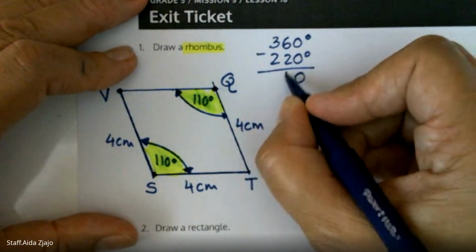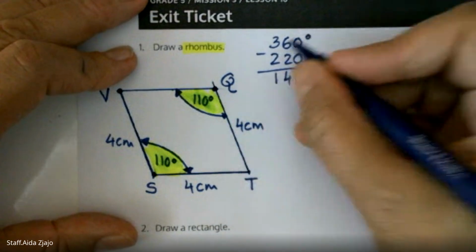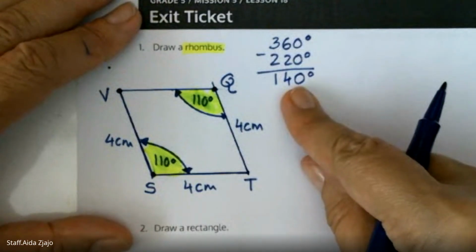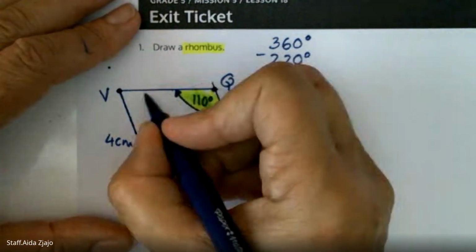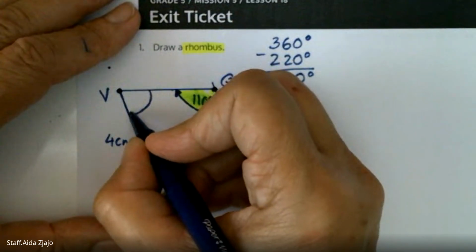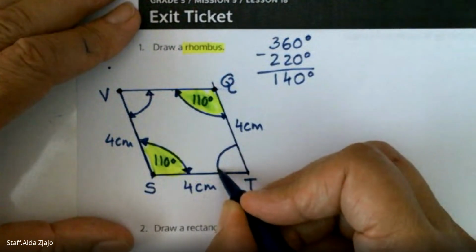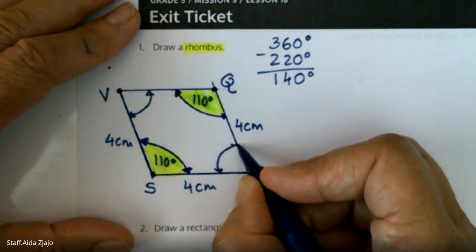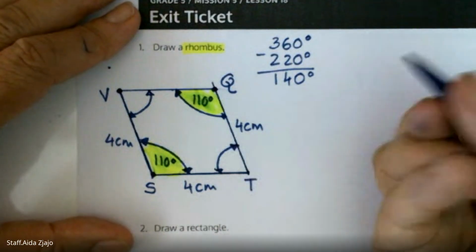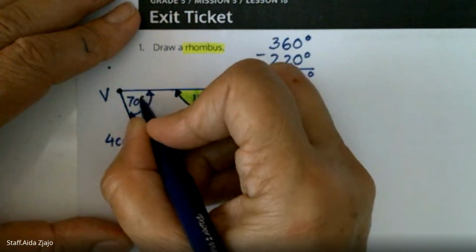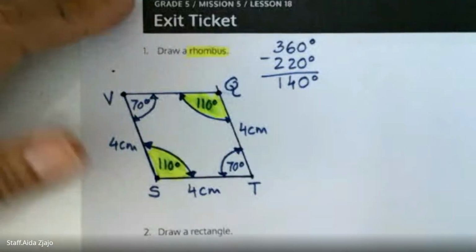So now I know that these two, this angle and this angle here, they need to share 140. So I know without measuring that this is 70 degrees and this is 70 degrees.